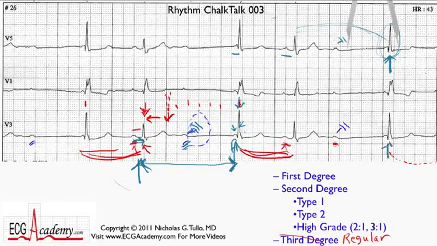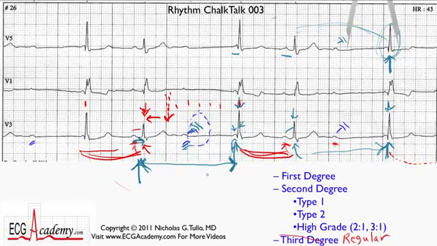So if this is an escape focus, where did it come from? Well, you might think that it's a junctional escape focus, but did you notice that this QRS looked a little bit different from the conducted QRS complex? Yeah, this is the conducted beat, and this beat that follows the long pause, which we already are thinking is an escape focus, looks different. So it's not a junctional escape.